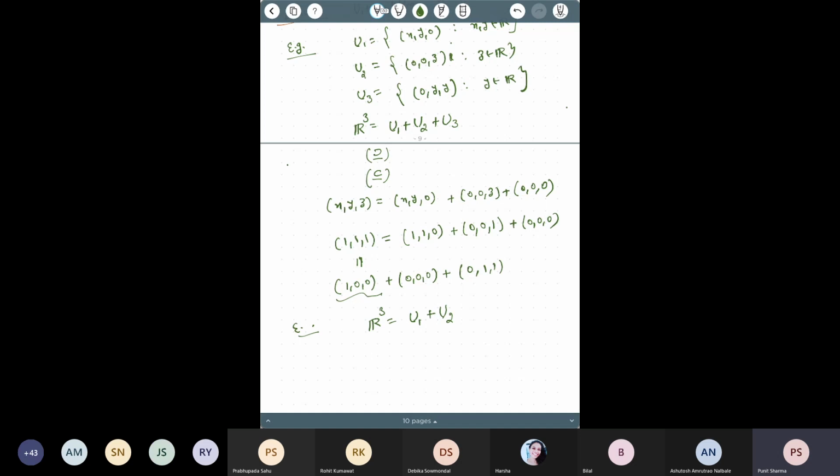But can you also say that R3 is equal to this one? Yes, sir. So you can see that this is a direct sum, but this is not a direct sum. So here R3 is not equal to the direct sum of U1, U2 and U3.